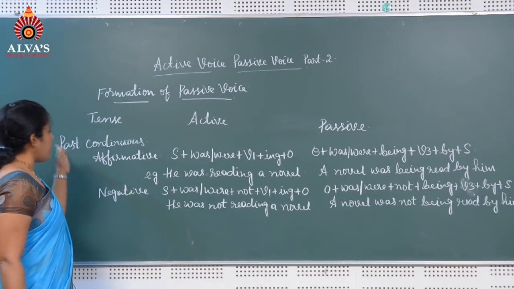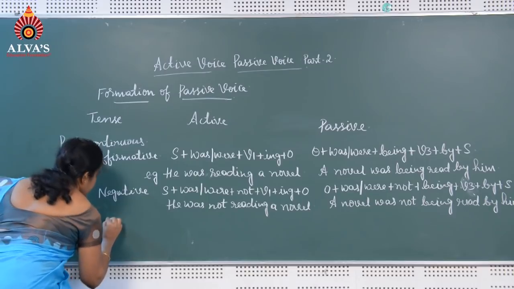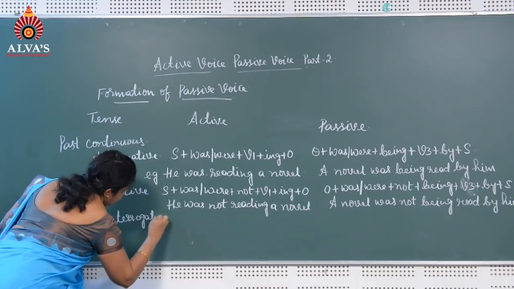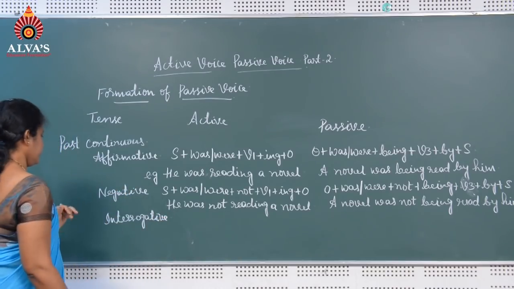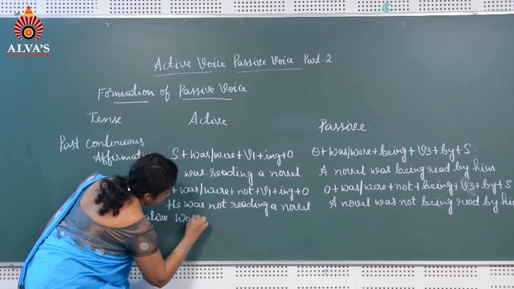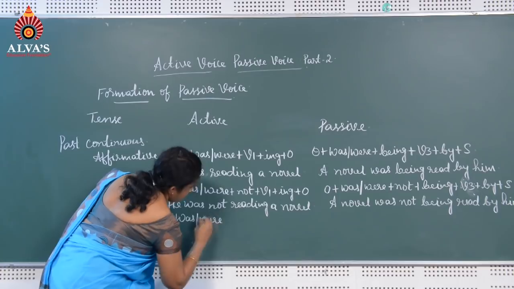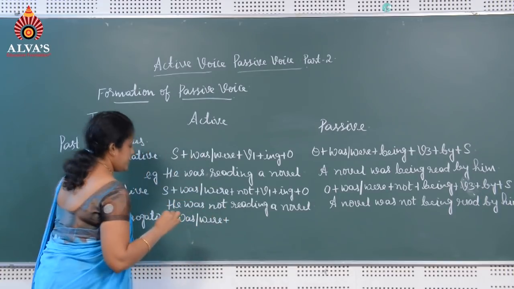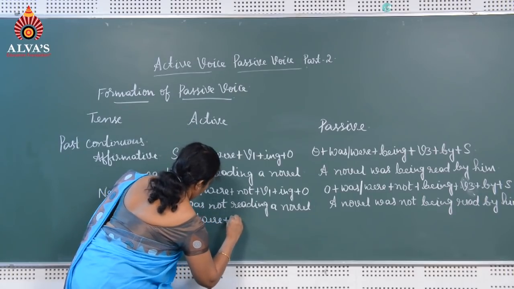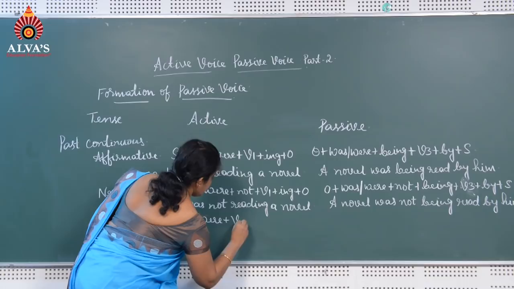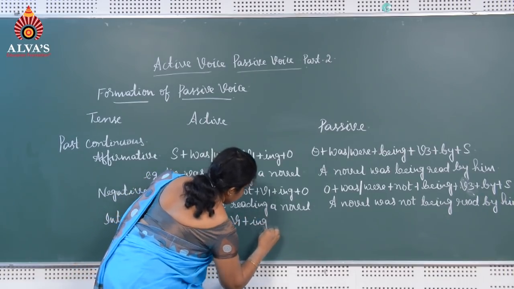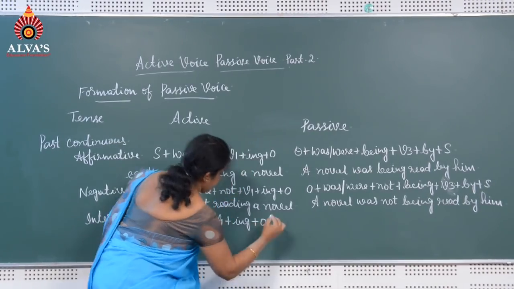Now, we have to see the past continuous interrogative sentence. Here, was or were plus first form of the verb plus ing plus object.